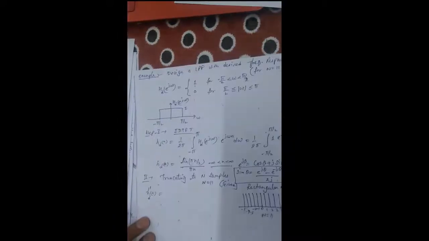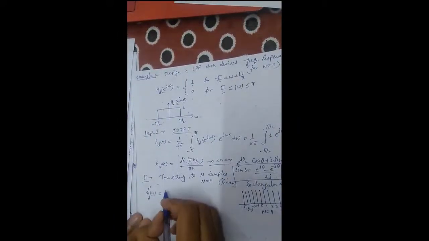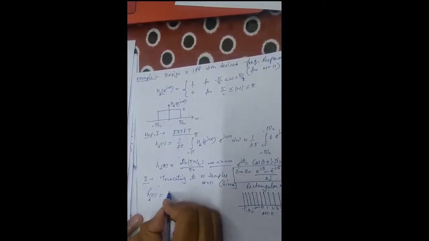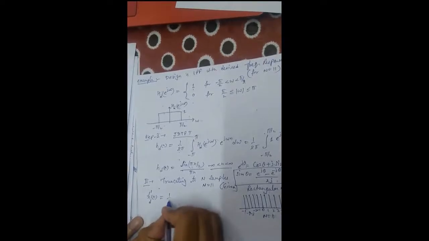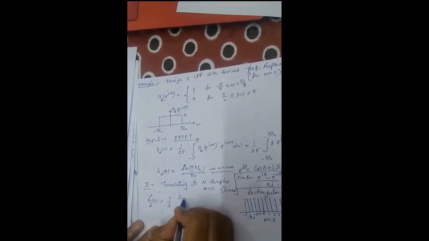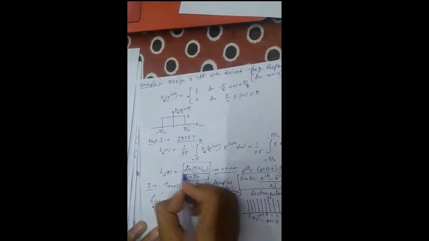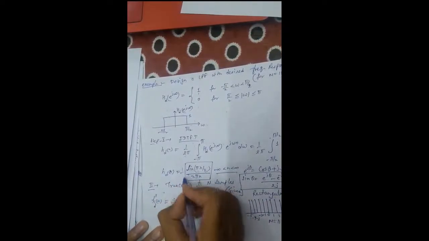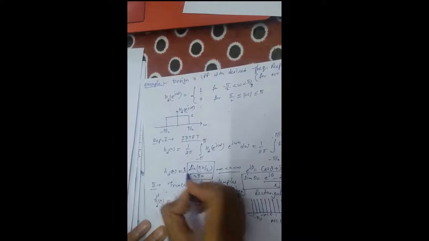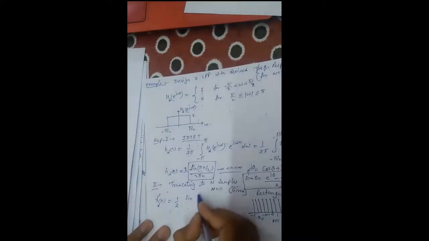We have used the term dash for truncation, Hd'n, and sine, it can be written as 1 by 2 and 2 by 2 form.